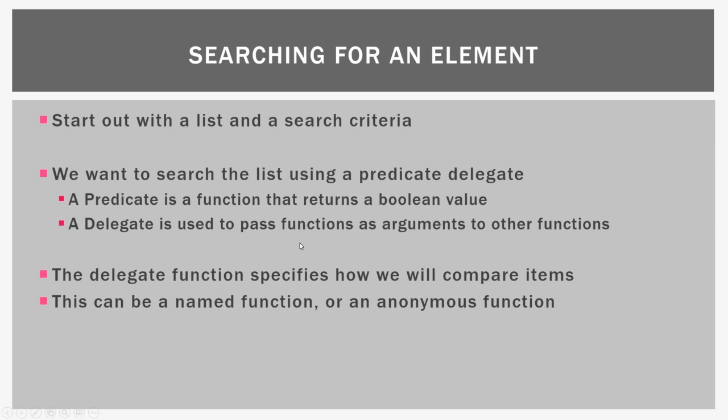And I'm going to show you a whole bunch of different ways to write these delegates so that we can pass them differently. We can write a named method, we can write an anonymous method, we can use lambda notation, and I'm going to show you all of them. You need to know how to do all of them. On the test, I'm going to say, pass a delegate using lambda notation, or pass a delegate using an anonymous function. So you'll need to know them all. It will be on the test, I promise you.